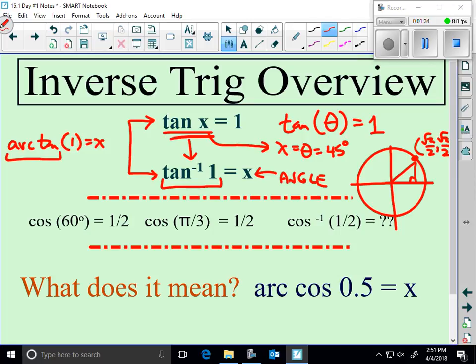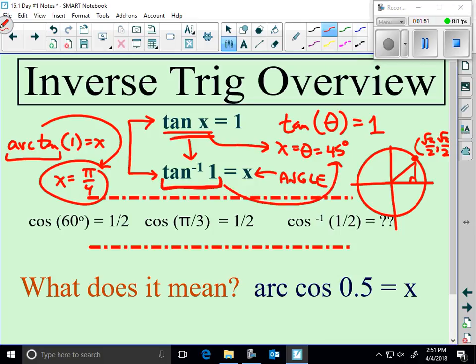Arctangent typically results in a radian measure instead of a degree measure. So arctangent equals radians, and inverse tangent, this tan negative 1, typically we use degrees. Now, if you're to mix those up, so be it, not a big deal.